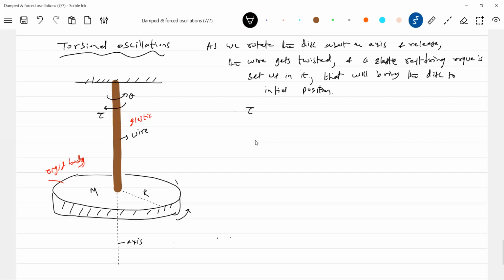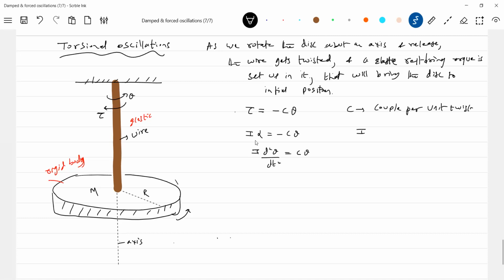So this torque is proportional to negative of C into theta. What is C? Couple per unit twist, which will be different for different wires. This should be equal to I into alpha. The angular acceleration you can write as d square theta by dt square. Now what is I?